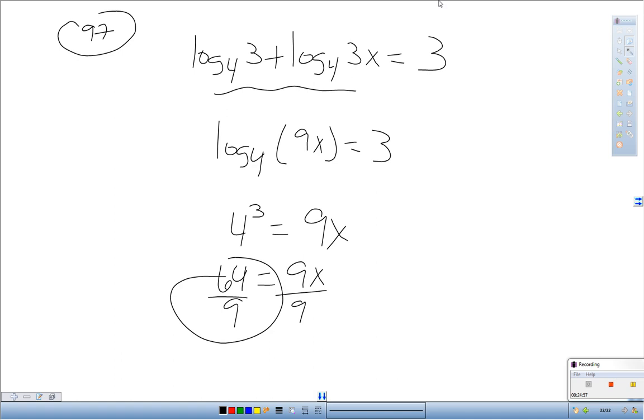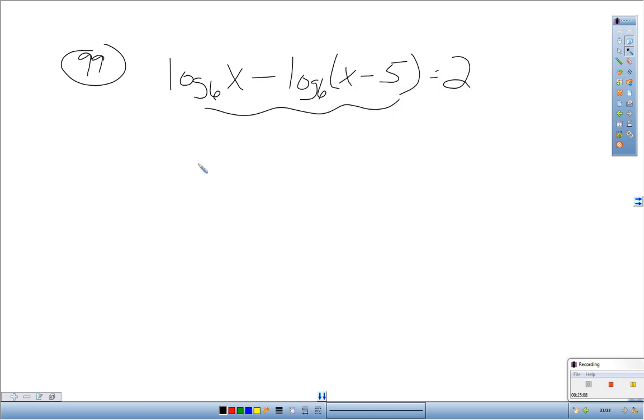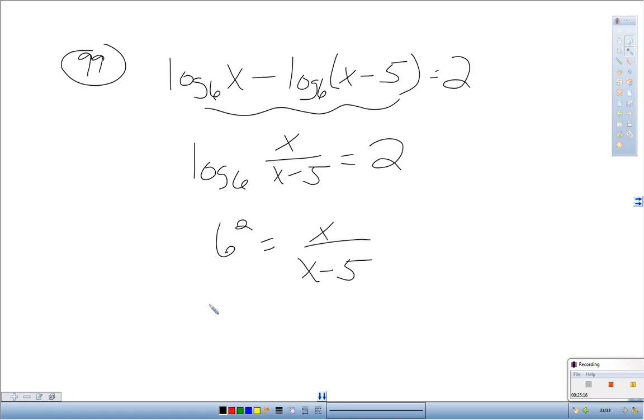All right, for number 99, I've got log base 6 of x minus log base 6 of x minus 5 equal to 2. I'm going to condense this log, so that'll give me x over x minus 5 is equal to 2. Log equals number, so rewrite it. 6 squared equals x over x minus 5. That gives me 36 equals x over x minus 5. Put the 36 over 1.